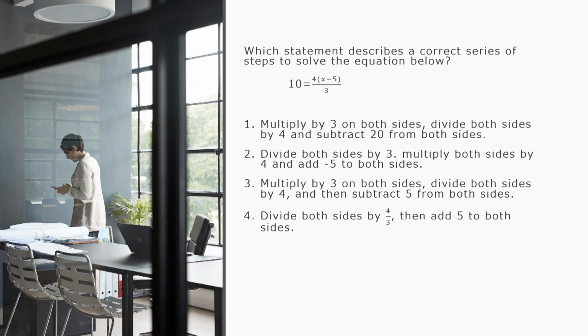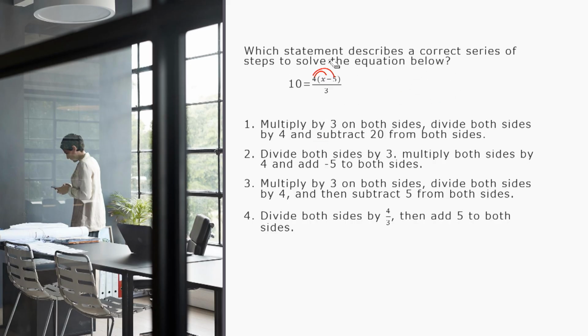I really don't see how I could do that. If I distributed, 10 equals 4x minus 20 divided by 3. So for me to subtract 20, that would have to be a positive, and that's not the case. So I know 1 is not my answer.